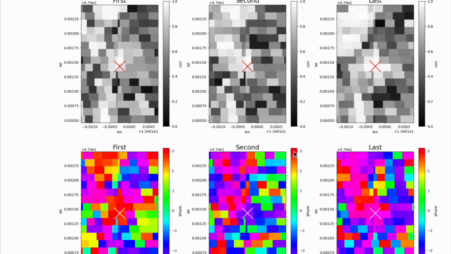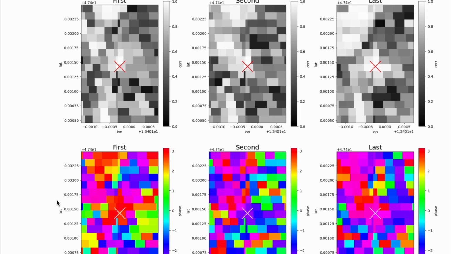For the small patch around the first corner reflector, phase is distributed almost randomly. That's hard to see any pattern for these phase distributions. For the correlation, it looks more easy to understand.